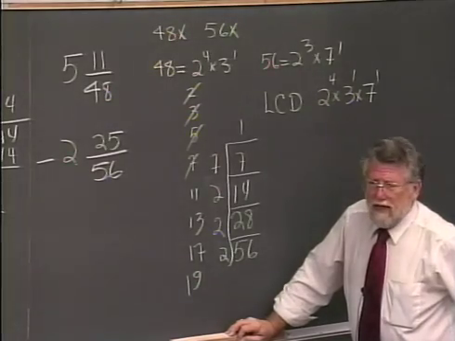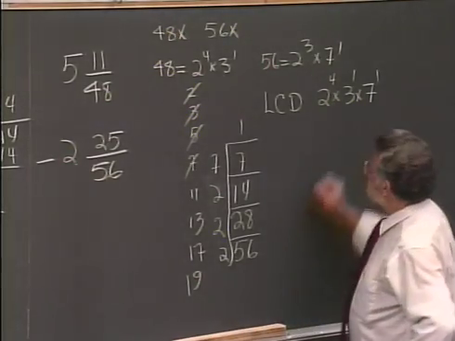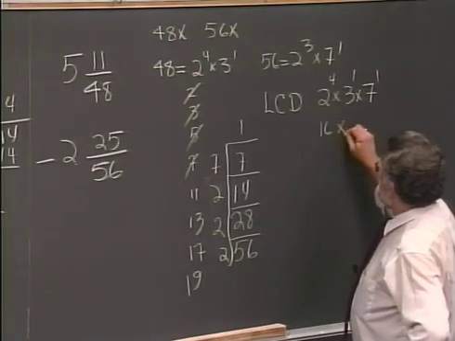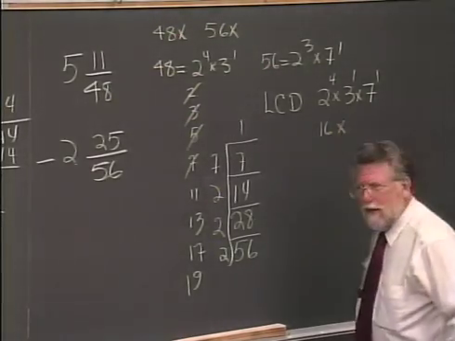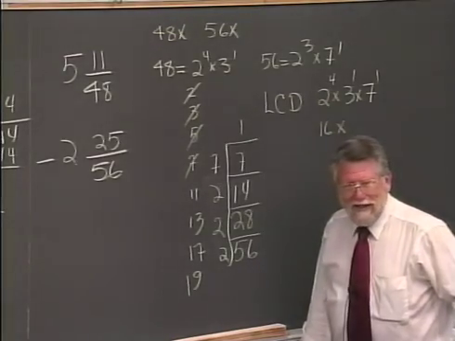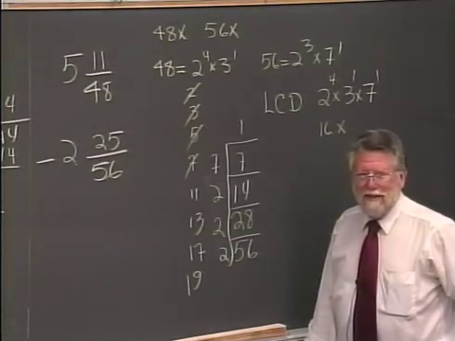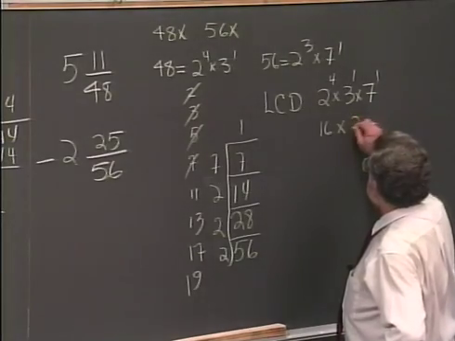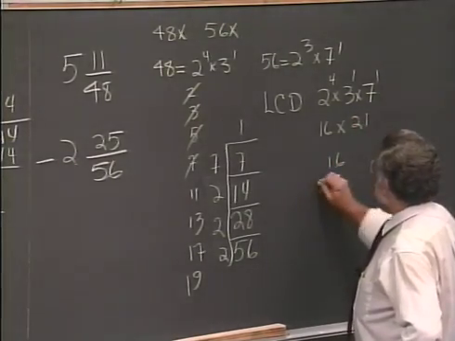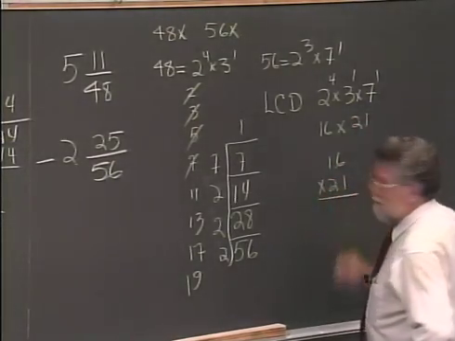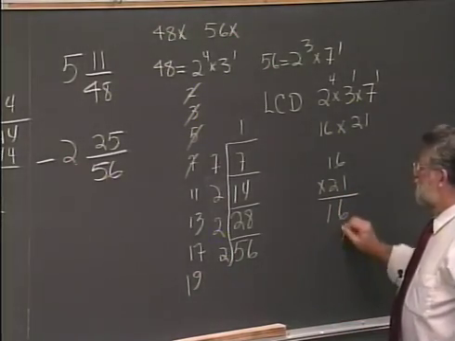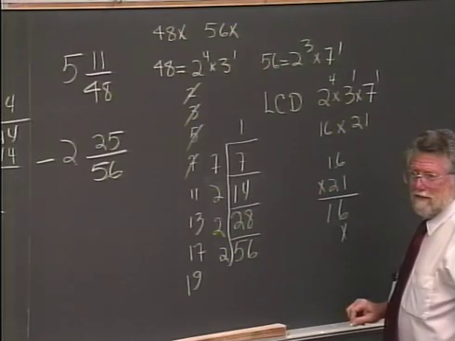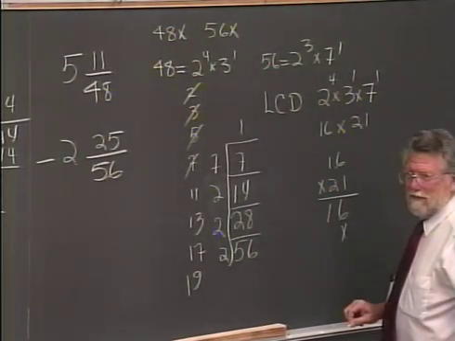2 to the 4th, we said, is 16. 3 times 7, folks. It's Monday morning. You just went to sleep. 21. 16 times 21. 42?